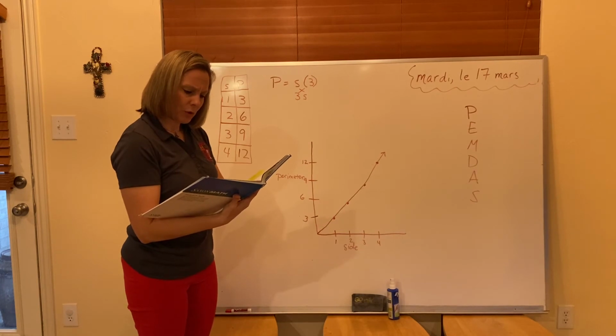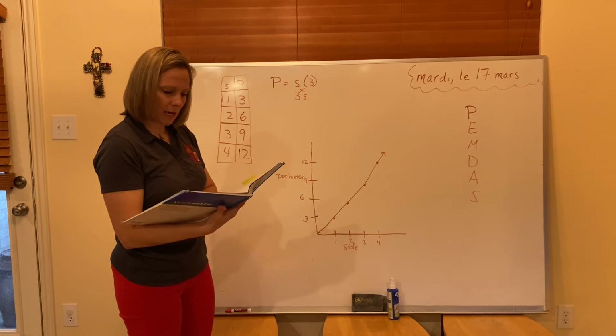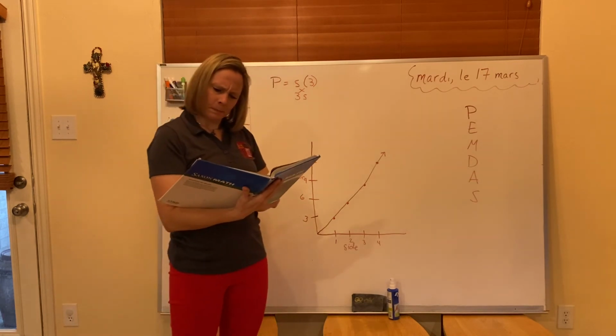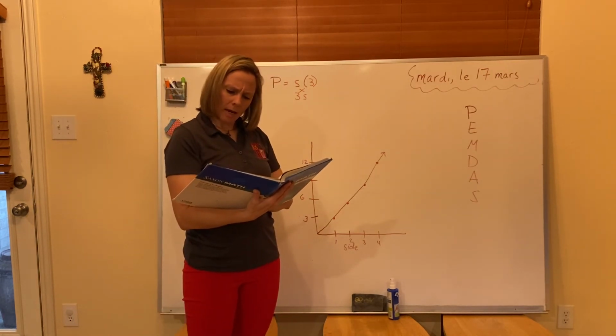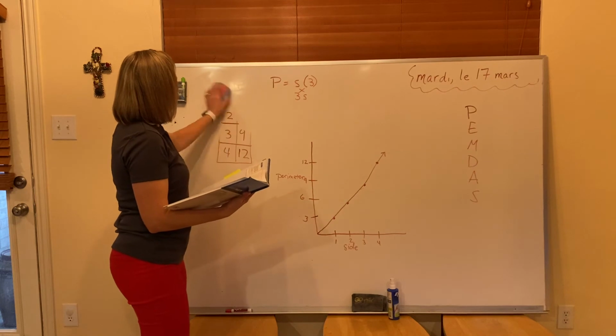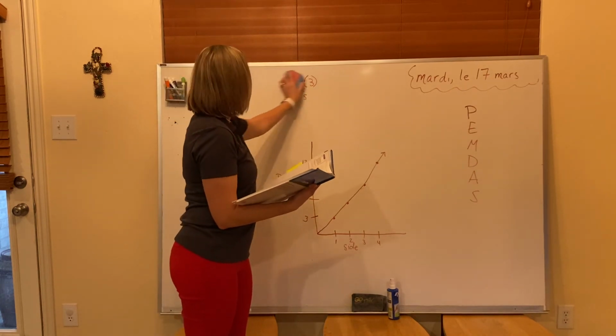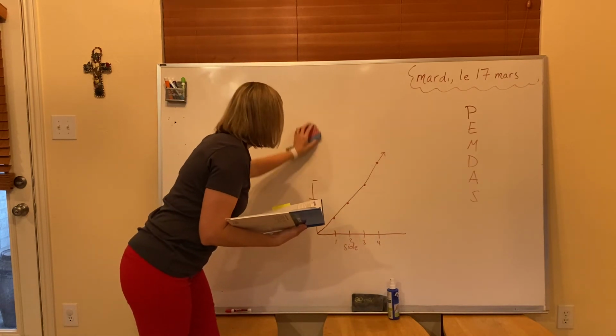So it wants you to find the missing number in each function table. Let's work A and D together, all right? Let's look at A. So we need to find the rule for A, right? How do we determine the missing number?